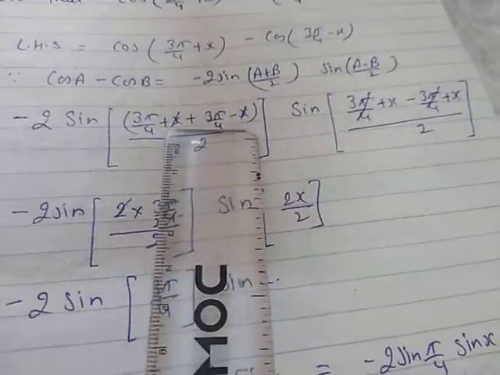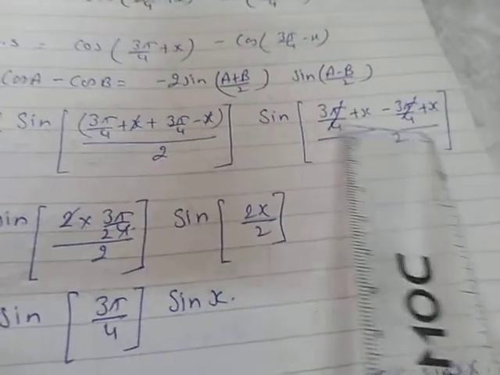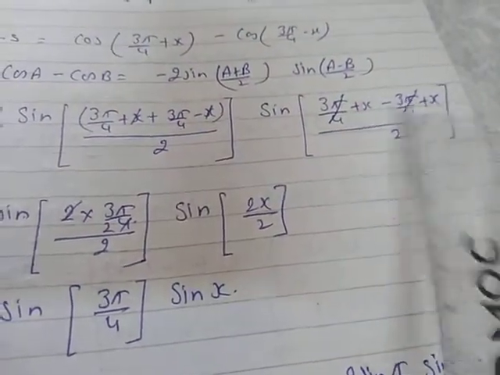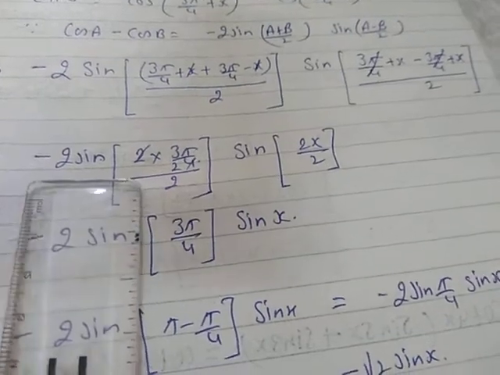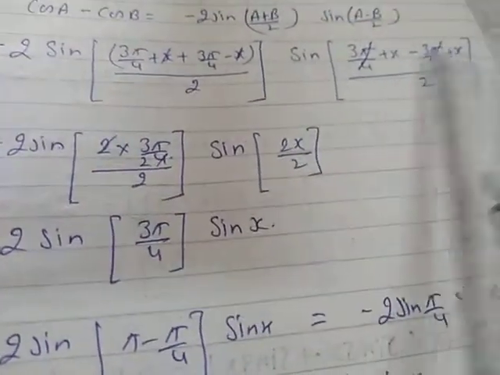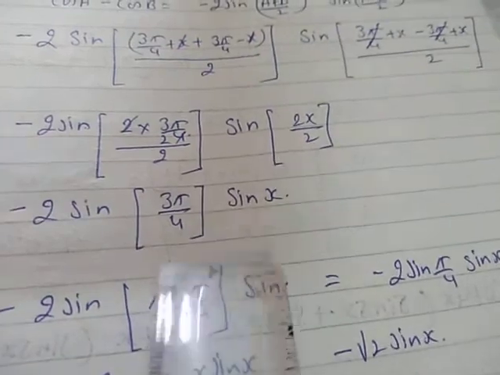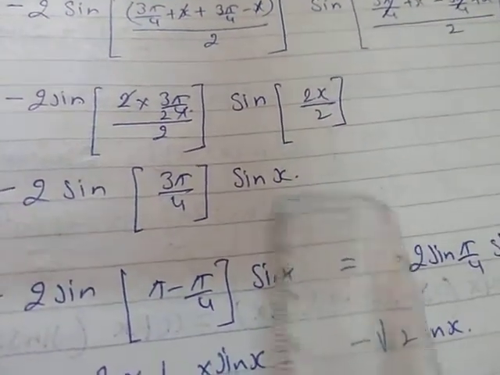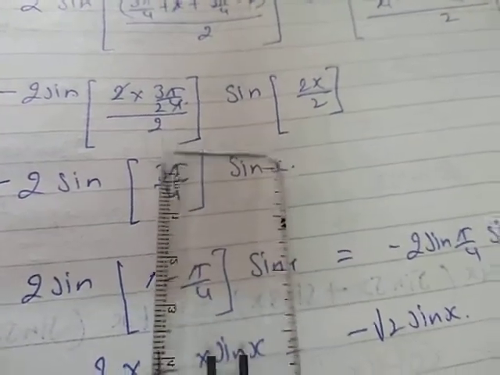Now, plus x and minus x get cancelled, and here 3 pi by 4 and minus 3 pi by 4 get cancelled. So after doing the calculation, this term will be minus 2 sin((3 pi by 4 plus 3 pi by 4) whole upon 2) sin(2x by 2). Then after calculation, this term will be minus 2 sin 3 pi by 4 sin x. 3 pi by 4 can be written as pi minus pi by 4, since 3 by 4 is 1 minus 1 by 4.